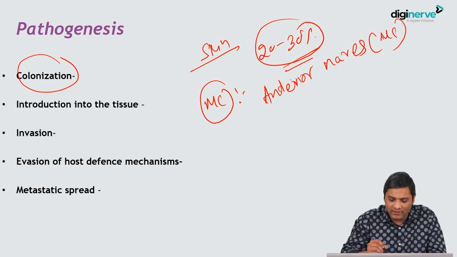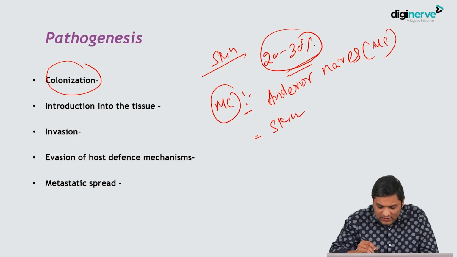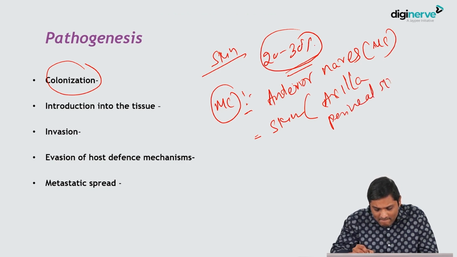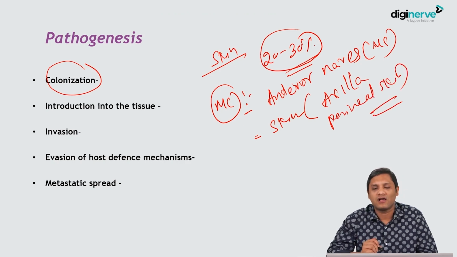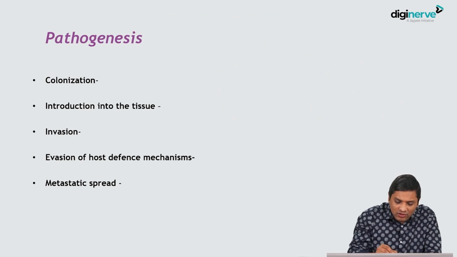This is the most common site where Staph aureus colonizes. Other sites include various skin areas like the axilla, the perineal skin region, and other areas of skin.